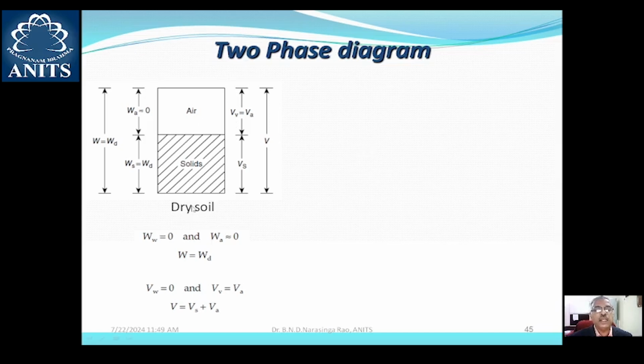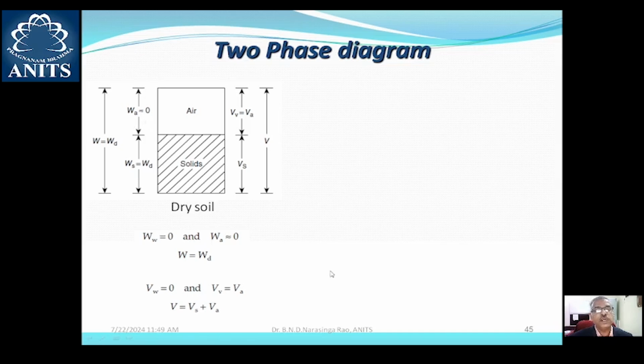So this is the dry soil where the void space contains only air and it does not contain water. Therefore, volume of voids is equal to volume of air for a dry soil, and the weight has only two components, weight of air and weight of dry soil or weight of solid particles, WS or WD, and weight of air anyway is considered negligible.